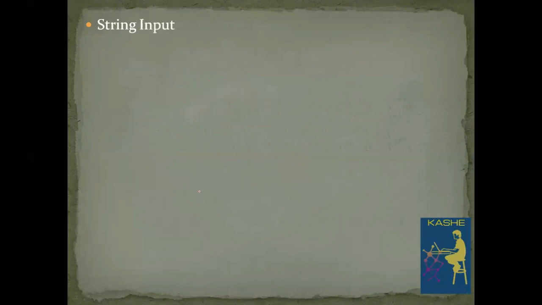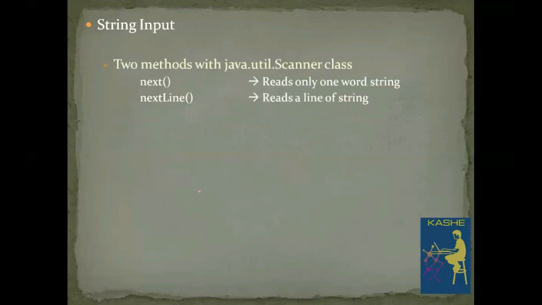And then string input, how to read a string into the Java program. In order to read a string into the Java program, we need to use a Scanner object. So in order to import that Scanner class, we need to use import java.util.Scanner as a statement in the Java program, then automatically the Scanner class in java.util will be imported.